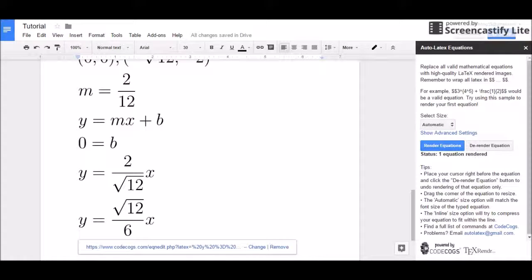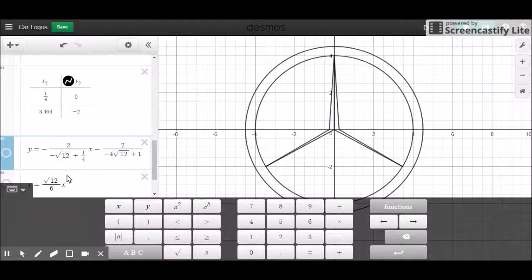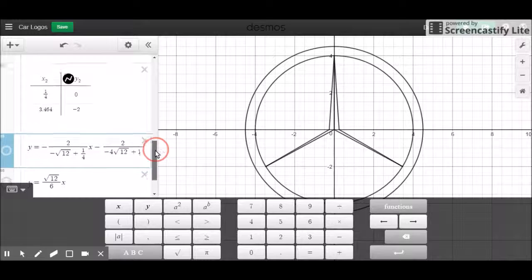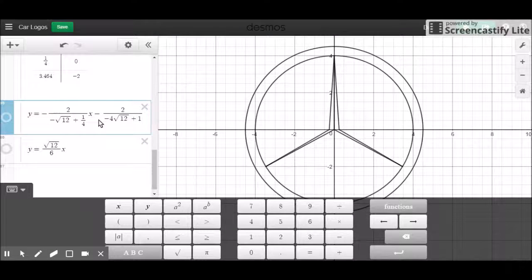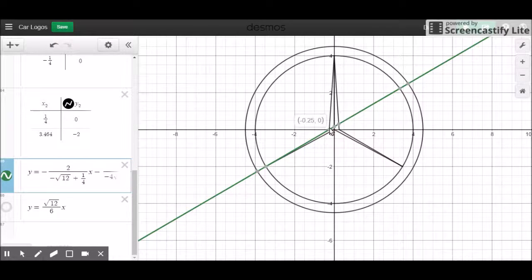All right, so first let's actually try out these two equations. I put the equations into the equations line right here. So this is the big long one that we found at first. Put it on, and it matches this line perfectly.